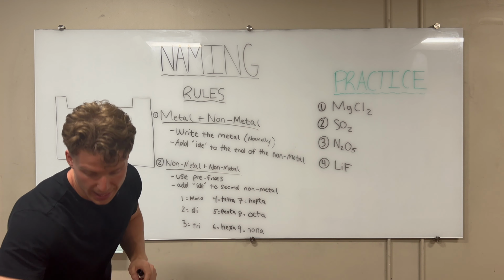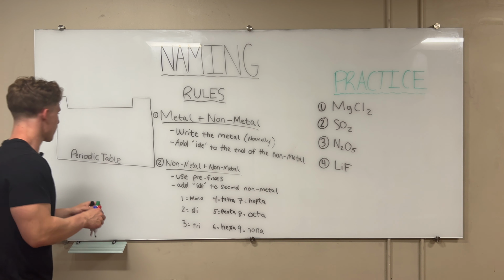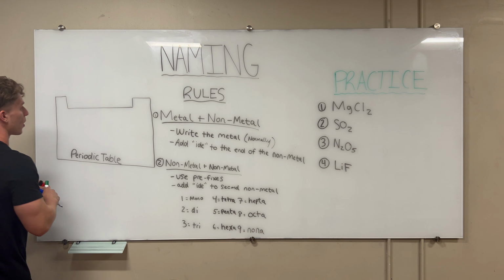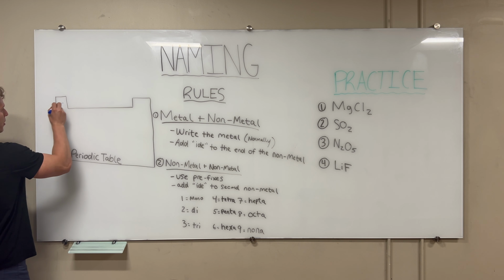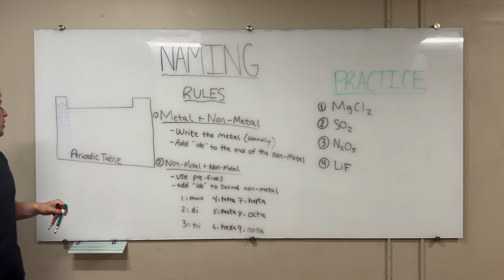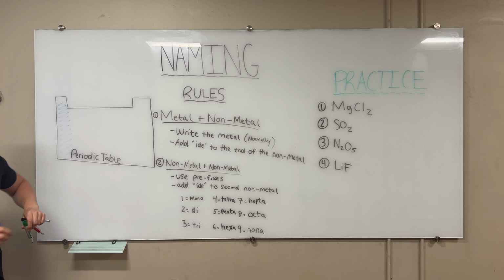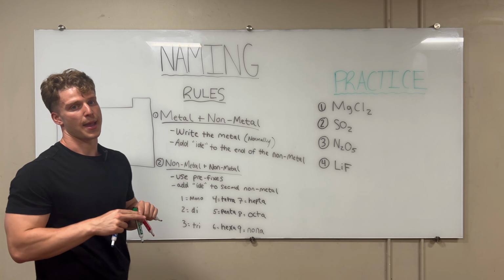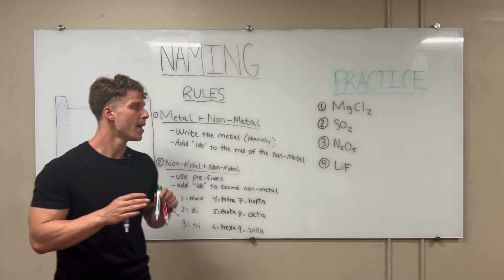As a rule of thumb, on the periodic table, the metals are going to be over here on the left side. This includes things like sodium, magnesium, calcium, lithium, things of that nature.